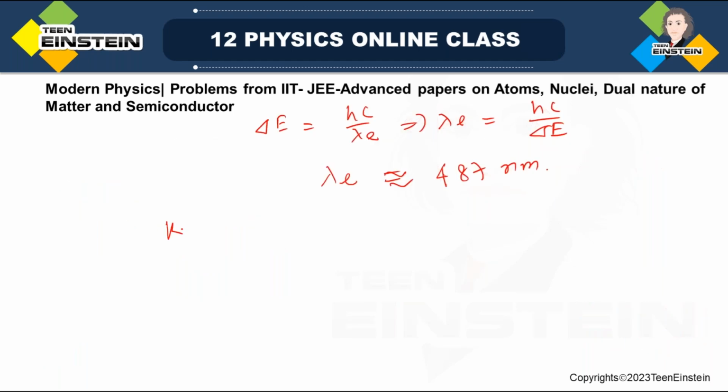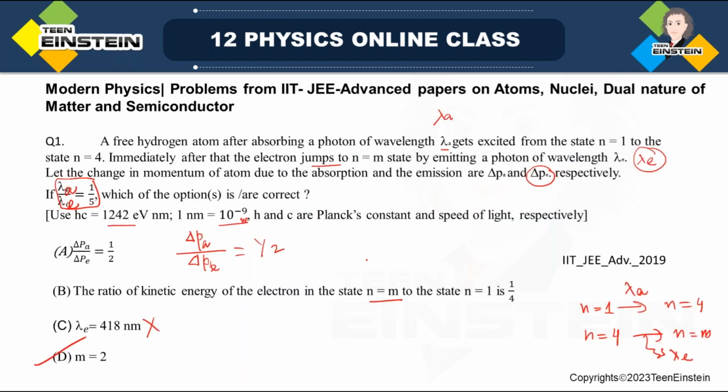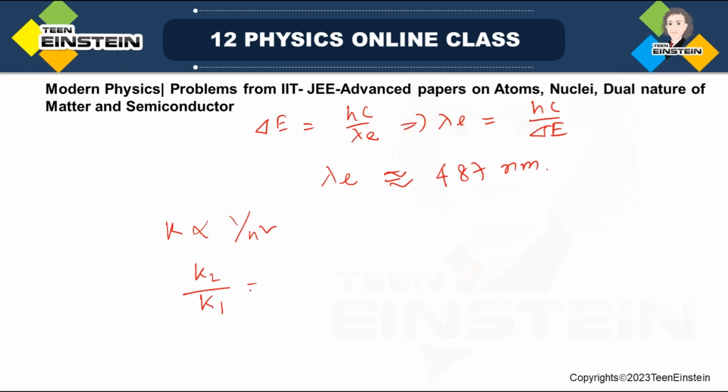The kinetic energy is directly proportional to 1 over n squared. If we take the ratio of K2 to K1, where n equals 2 state and n equals 1 state, the ratio will be 1 over 2 squared, which is 4, so this is also correct.